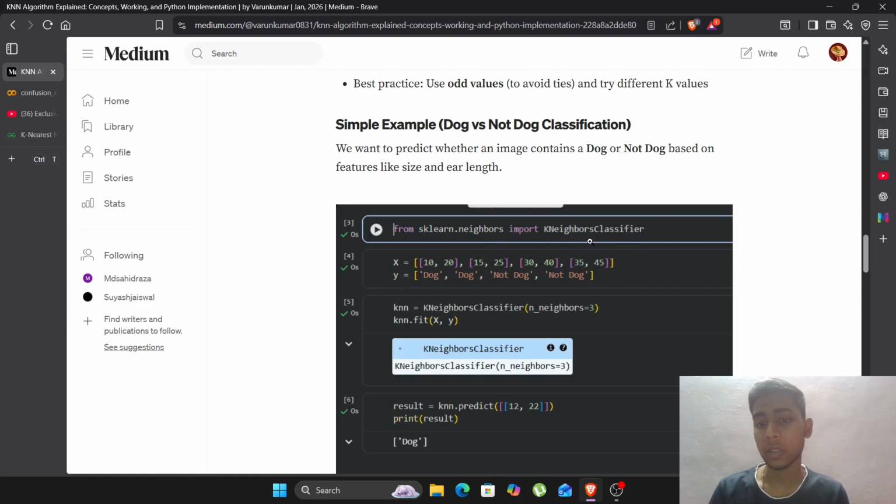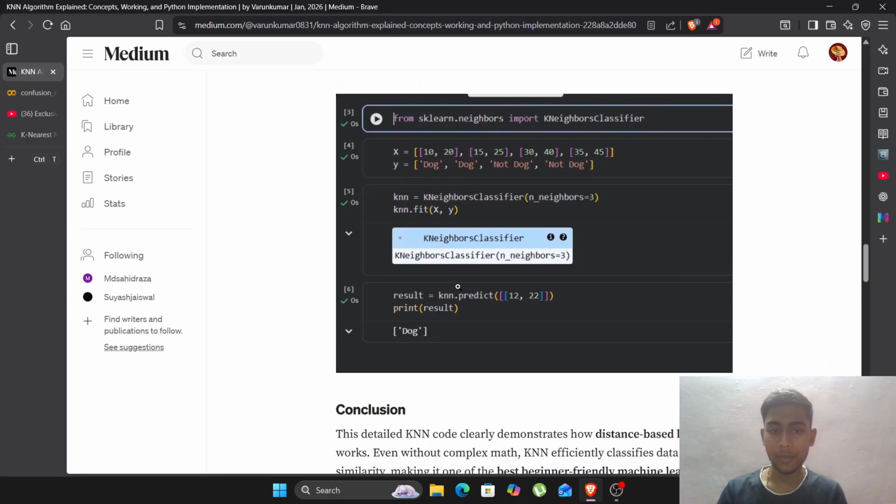We are creating X equal to 10 20, 15 25, 30 40, 35 45. These are the input features or variables, and y is dog or not dog. It is the output data labels.